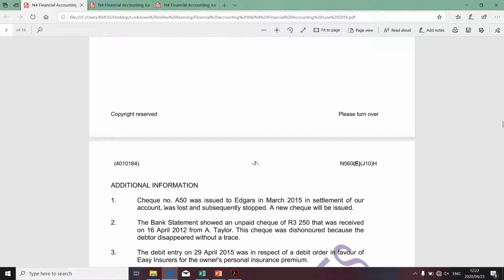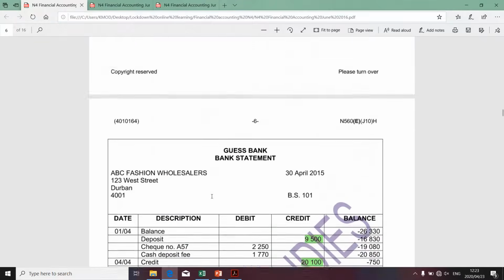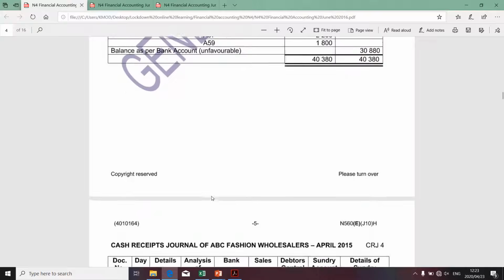However, this check was lost and was never received by the bank, so it has subsequently been stopped by ABC. Remember, when we issued this check, we recorded this transaction in the cash payment journal. When we do a reversal, we're going to do it in the cash receipt journal. It's important that we do the reversal because the check is lost. It will not go through the bank. Hence, it was considered to be one of the reconciling items.